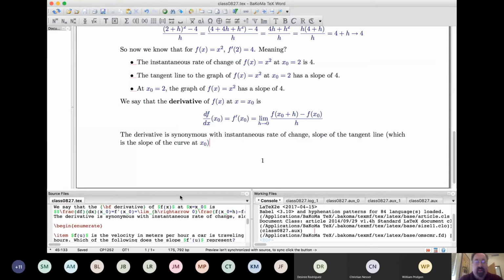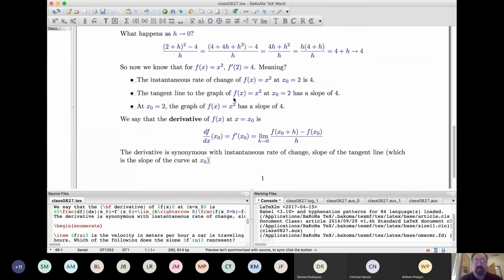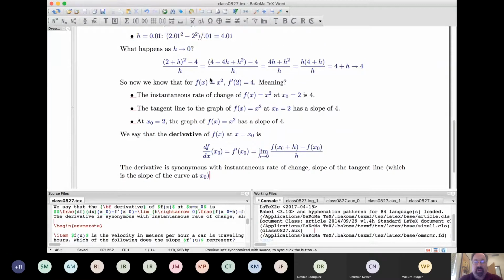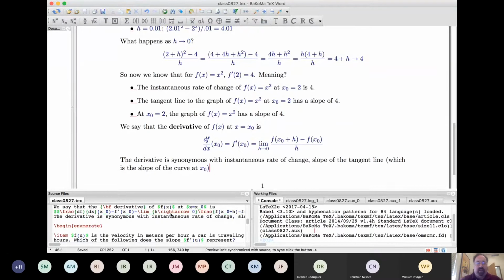Now, here I showed how you could get the derivative from this definition for a specific function, x squared, at a specific point. But you're going to be computing derivatives of functions at points all semester long. Going through this process would be quite tedious.